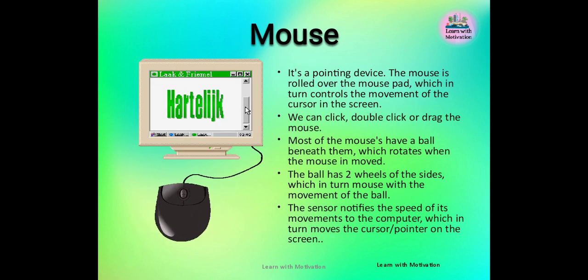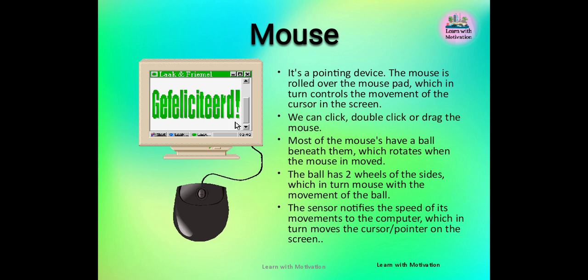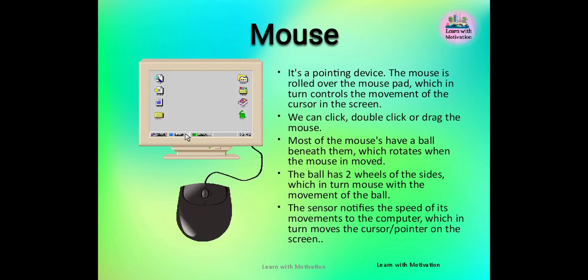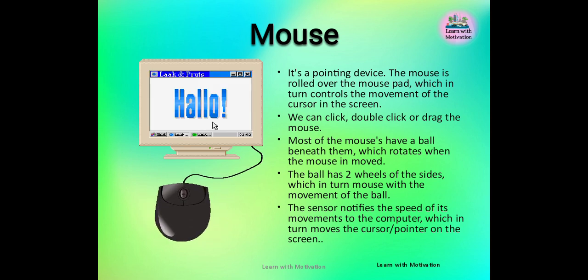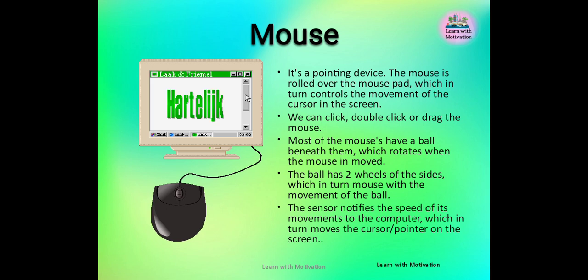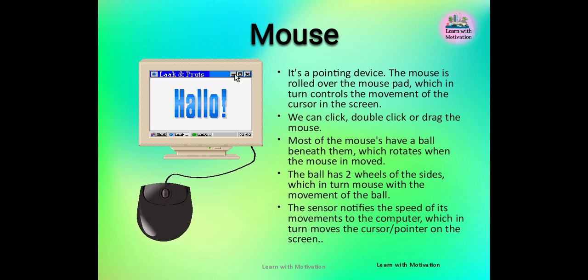Mouse. It is a pointing device. The mouse is rolled over the mouse pad, which in turn controls the movement of the cursor on the screen. We can click, double click and drag the mouse. Most mice have a ball beneath them, which rotates when the mouse is moved.